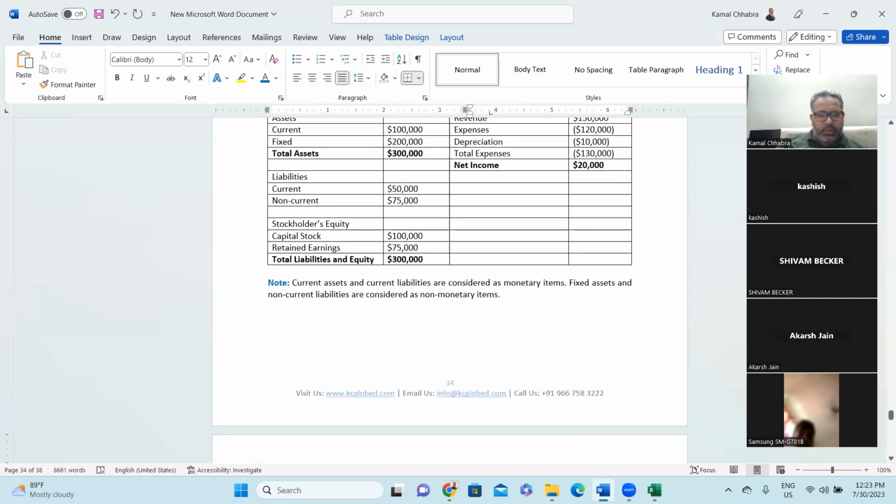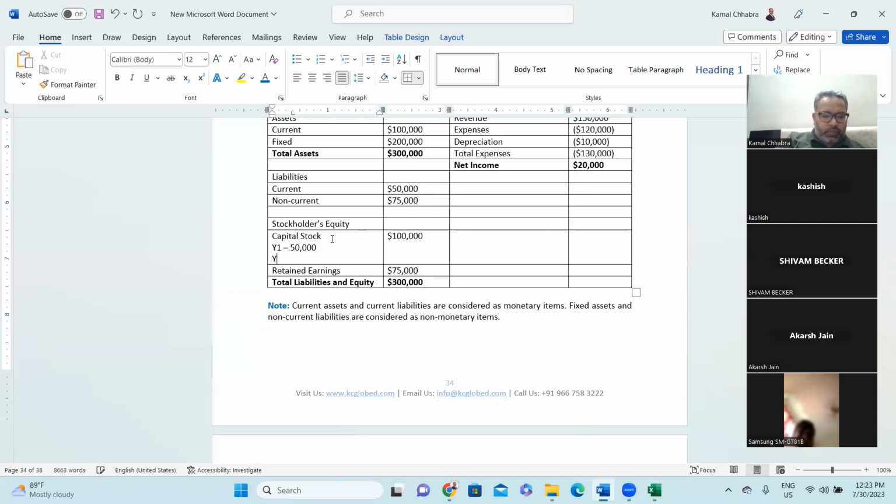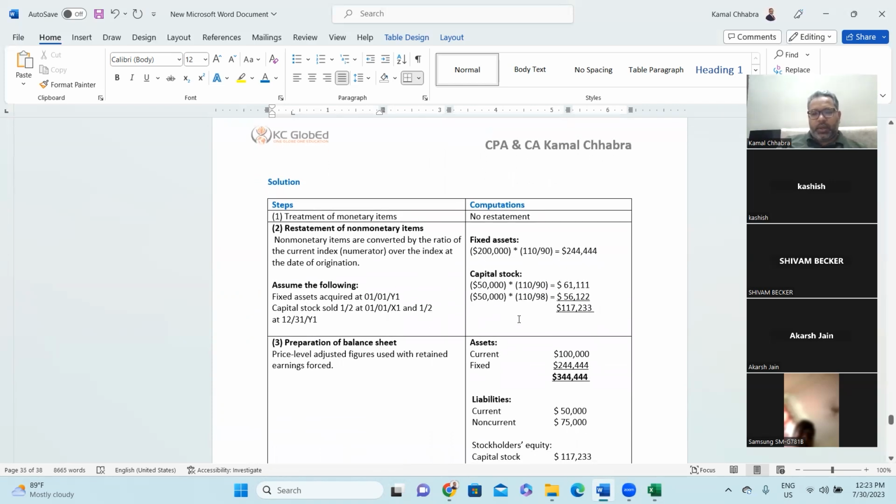So in the capital stock, here you need to mention Y1 $50,000, Y2. So that total results into 100,000. Right. So that capital stock here is valued like this.